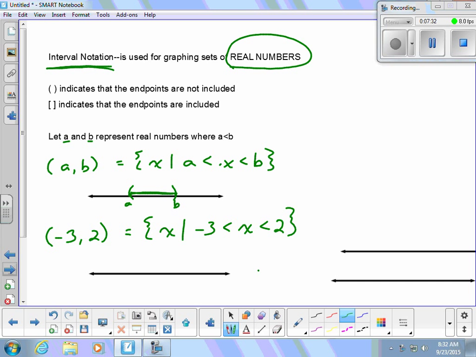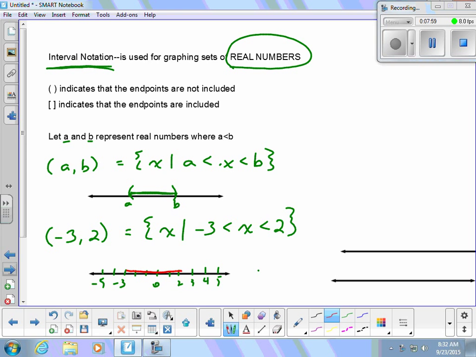So if I put 0 here, -3 and 2, put a few extra values on there. To show this interval on a graph, I'll use a different color here. We're going from -3 to 2, so all of these numbers are included.